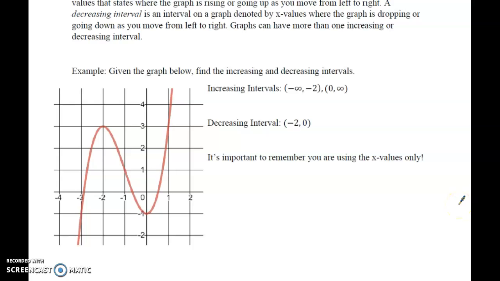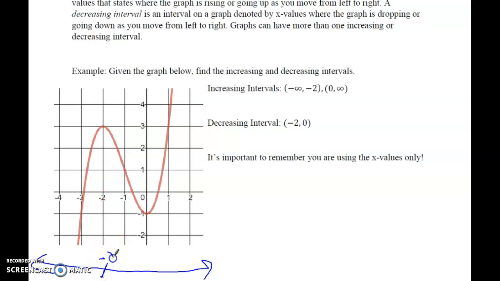You make a number line below your graph, like so. And on that, you are finding the highest and lowest points, the relative maximum and minimum points, which we're going to talk about in a second. And we're going to put those x values on the number line.